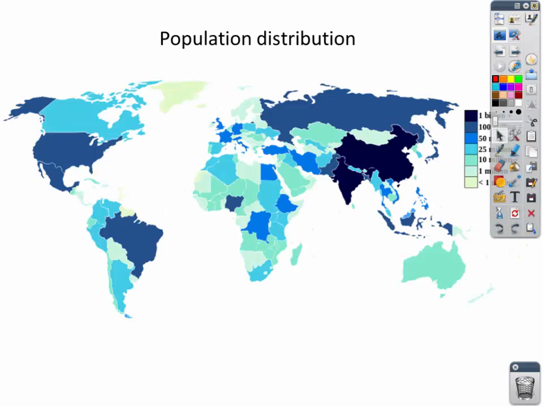Okay, so here's a population distribution map, and you see the darker the blue, the more the people, and India and China stand out. And what I want to point out on this map here is the United States and Mexico, all right, but here's one country that's coming onto the world stage as we speak. Brazil is really starting to explode, and the rainforests are being cut down in Brazil.